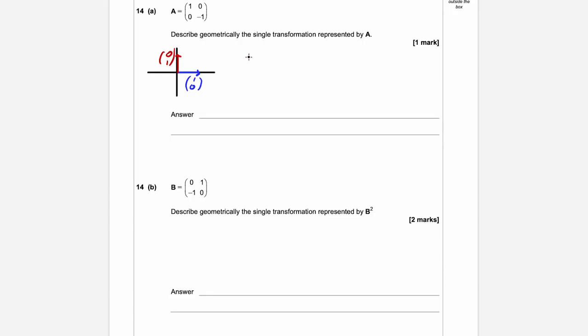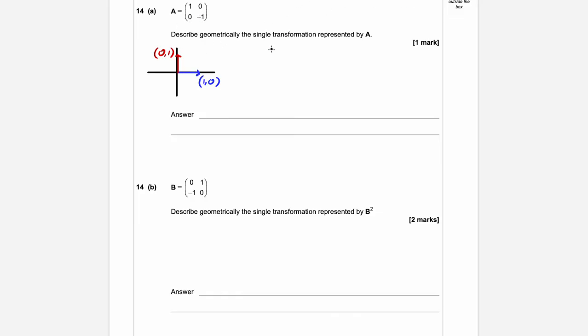Or I can put them in point form, guys, if you want. This is 1, 0, 0, 1. The end of these arrows, if you like. Okay, now these have turned into 1, 0, 0, minus 1.